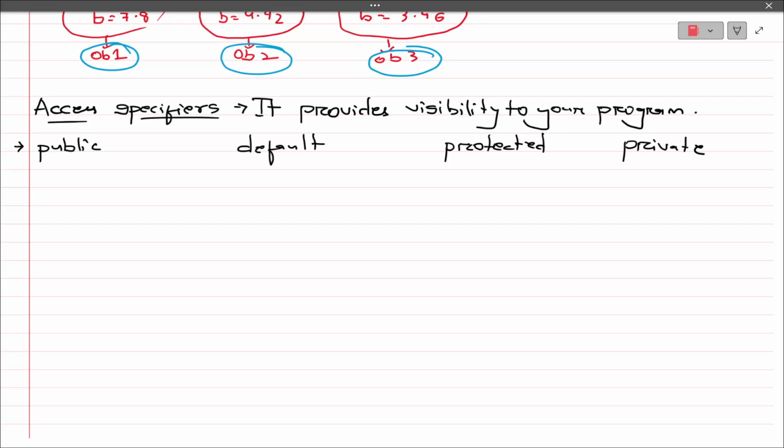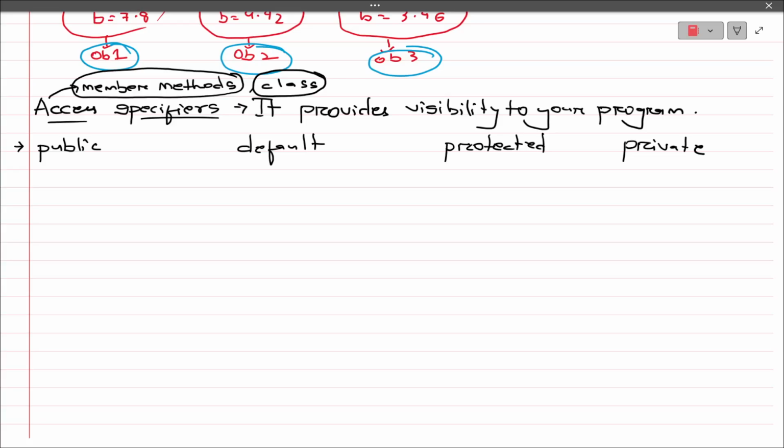What is this public? This public is such an access specifier. First let me explain where our access specifier is used. Our access specifiers are usually given to 2 things. One is member methods, the place where we usually give our access specifiers, and the other is the class.